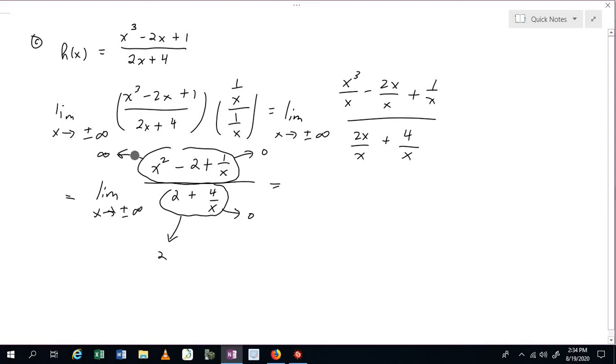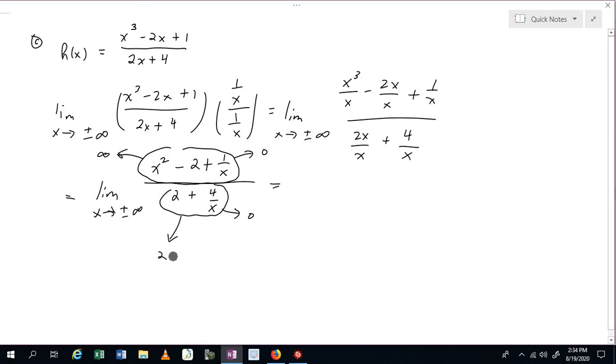So it's a really, really big number divided by something that's really close to 2. Okay? That's still a really big number. I don't care if you divide it by 2 or by 3 or by 4 or numbers close to 2 or 3 or 4, whatever it is.